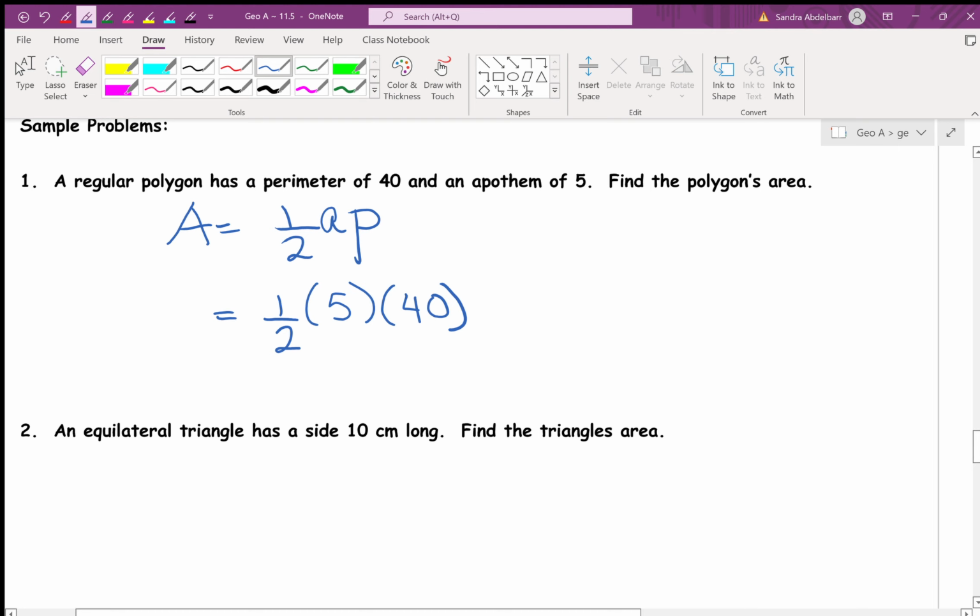Now remember what we discussed in the beginning of this chapter. Do I have to multiply in order? No, so I don't need to take half of 5. What is the better option here, to take half of 40? Half of 40 is 20. So now we're left with the area being 5 times 20, which is 100 units squared.